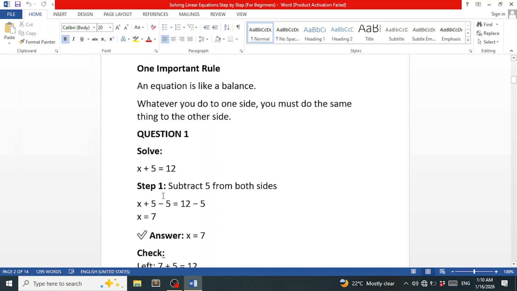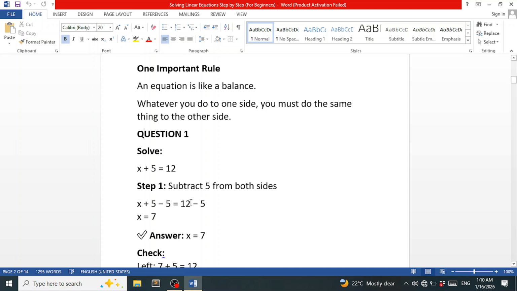So what I'm going to do is to have x plus 5 minus 5 equals 12 minus 5. This is the step, okay? So here you can see x plus 5 minus 5, 5 minus 5 is going to give us 0. 0x plus 0, we're going to have x equals 12 minus 5.